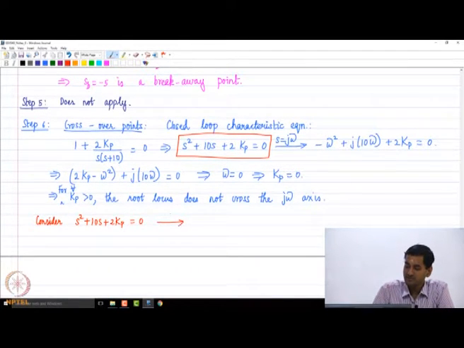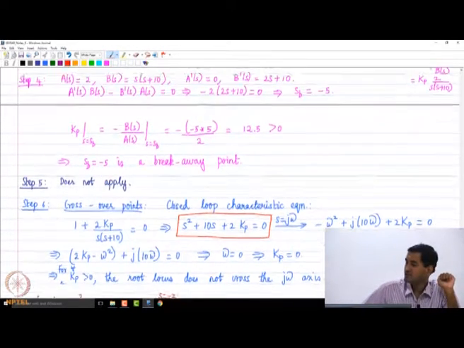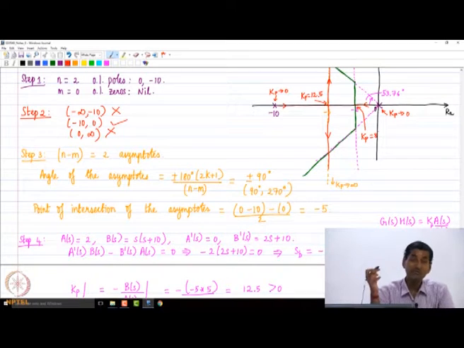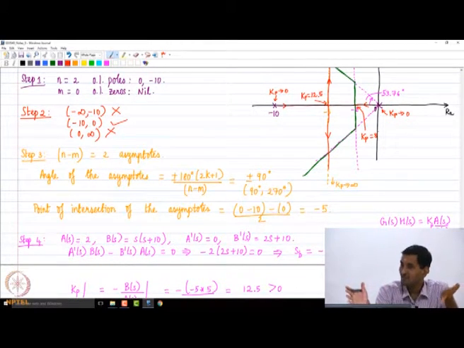Here, if you substitute S equals -2, we get Kp to be 8. That's pretty straightforward algebra, correct? So Kp is going to be 8 here. Now you can see what we have done. For stability, we wanted Kp to be greater than 0. For performance, Kp should be greater than 8. Only then will both branches enter into this trapezoid.